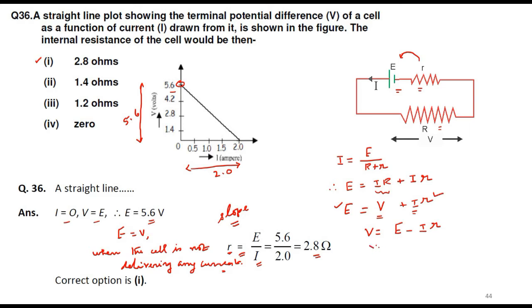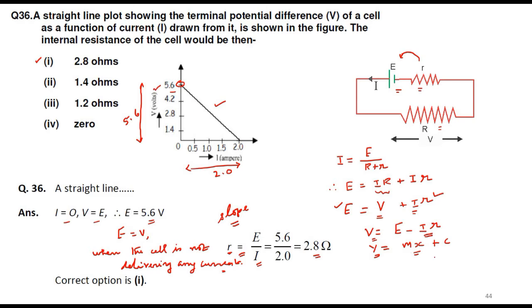You compare it with the equation of a straight line, y is equal to mx plus c. This is the equation of a straight line. And here also we will get a straight line, because the expression is of the form y is equal to mx plus c. Now here in place of y you have V, terminal PD as shown here.